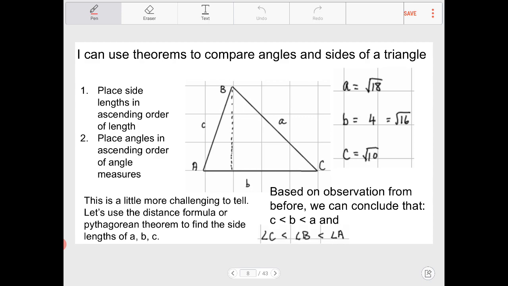So therefore angle C must be the smallest angle. And angle A is opposite of the longest length, so therefore angle A must be the largest angle. So therefore, in ascending order, angle C to angle B to angle A should be the order of smallest to largest.